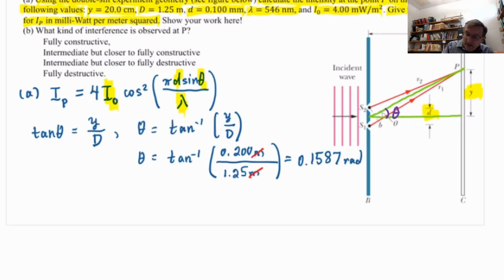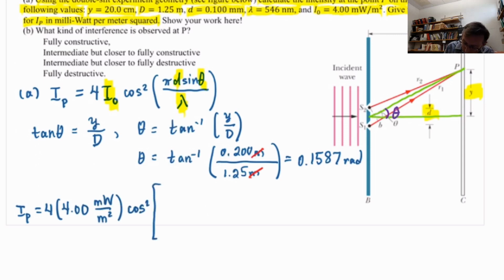Now we can use the intensity formula. I'm going to show all the numbers. IP equals 4I0, 4 milliwatt per meter squared, times cosine squared of pi little d, now put in consistent units, 0.1 millimeters is 0.1 times 10 to the minus 3 meters, times sine of the theta we just found, 0.1587 radians.